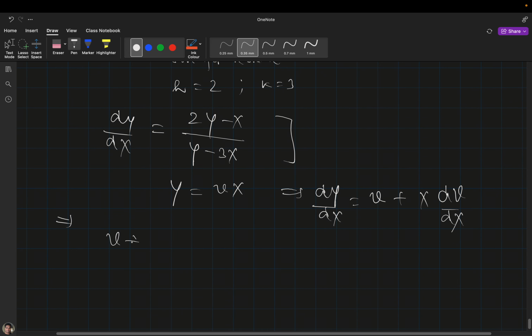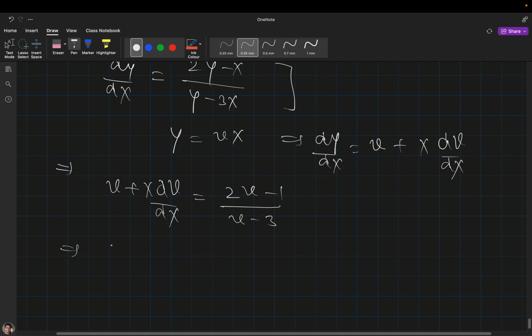Substitute here: v plus x dv by dx equals (2vx minus x) divided by (vx minus 3x), and from everywhere x will be cancelled out. You will get (2v minus 1) divided by (v minus 3).